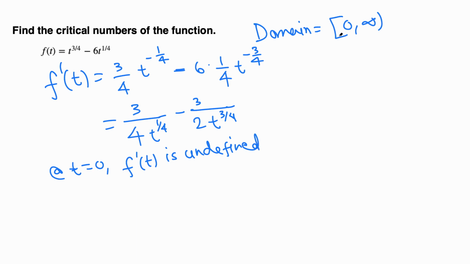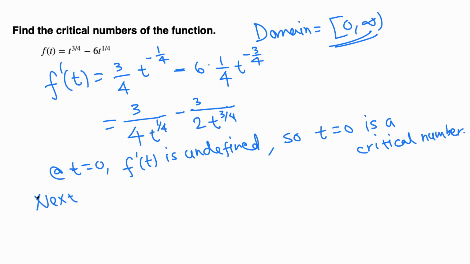And this 0 is in the domain, so t equals 0 is a critical number or critical point. Next, we set the derivative equal to 0 and find more critical numbers from there.